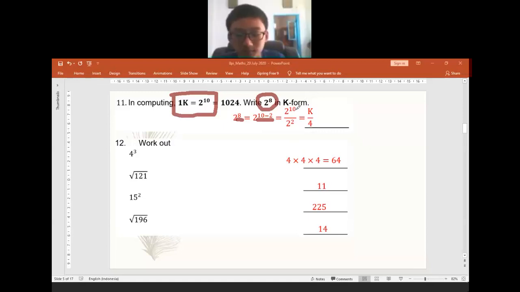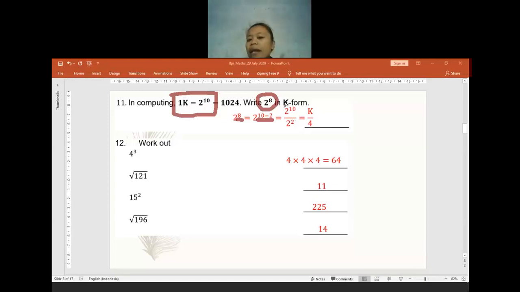Yesterday, we learned that when there is a division using indices, or using numbers with powers, we can just subtract the powers. Now, we already have the subtraction of the powers, 10 minus 2. So from 10 minus 2, I can change it into division: 2 to the power of 10 divided by 2 to the power of 2.